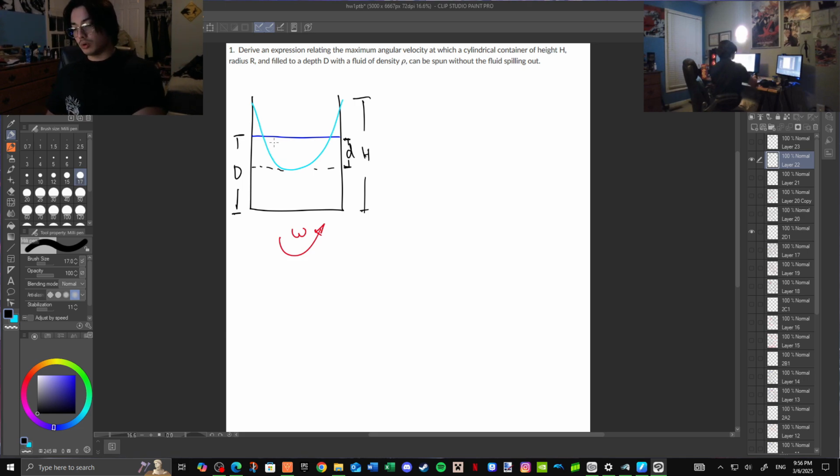As this fluid is spinning, it actually distributes throughout this concave shape. So we'll be focusing on this area right here. From this point here, that entire area gets volume of pi R squared D that will be distributed throughout the concave shape. So we'll focus on this specific part right here.